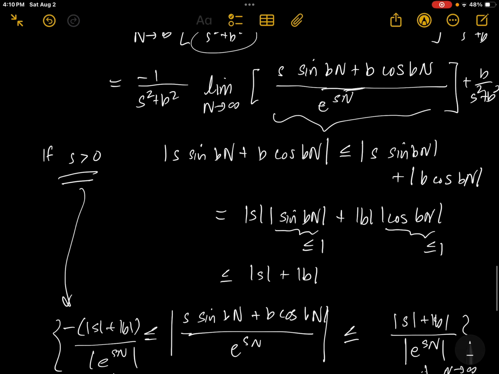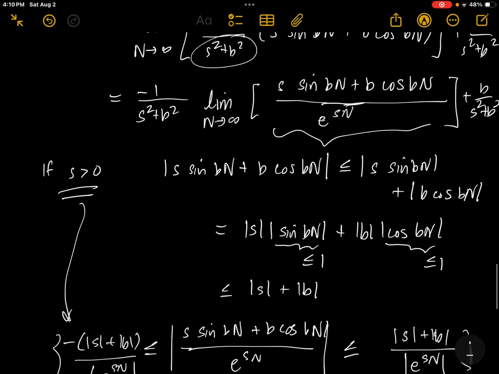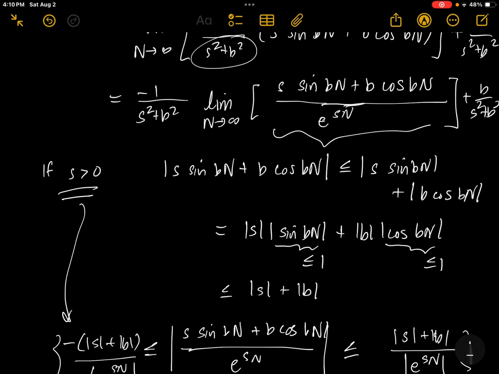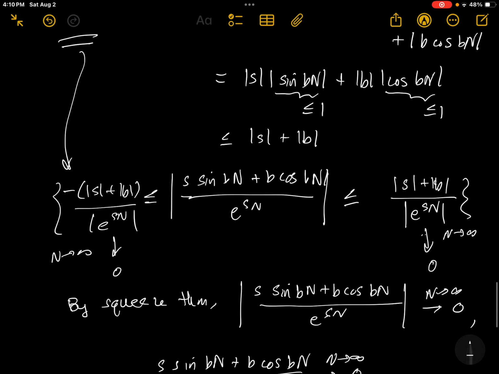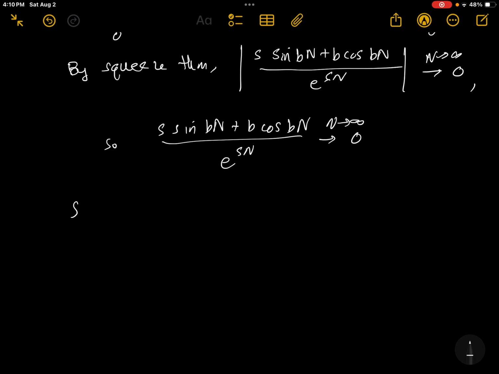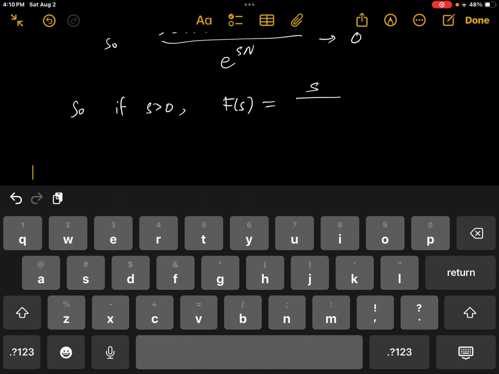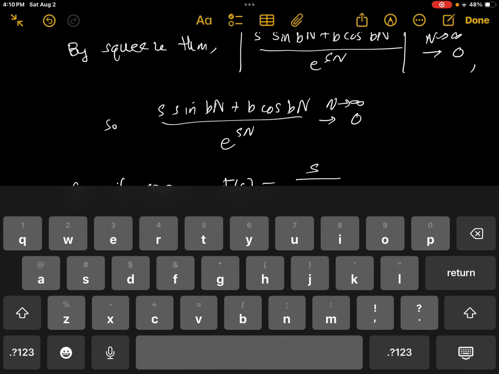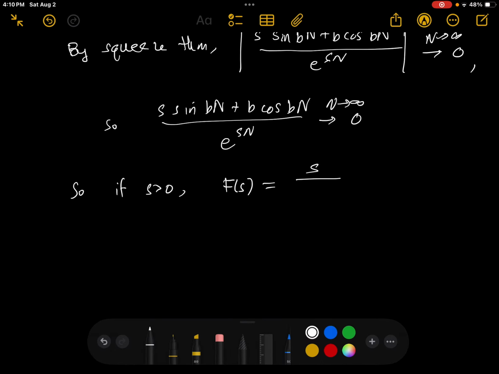So what's going to happen is if s is greater than 0, this whole limit's going to be 0, and so you're going to get b over s squared plus b squared.